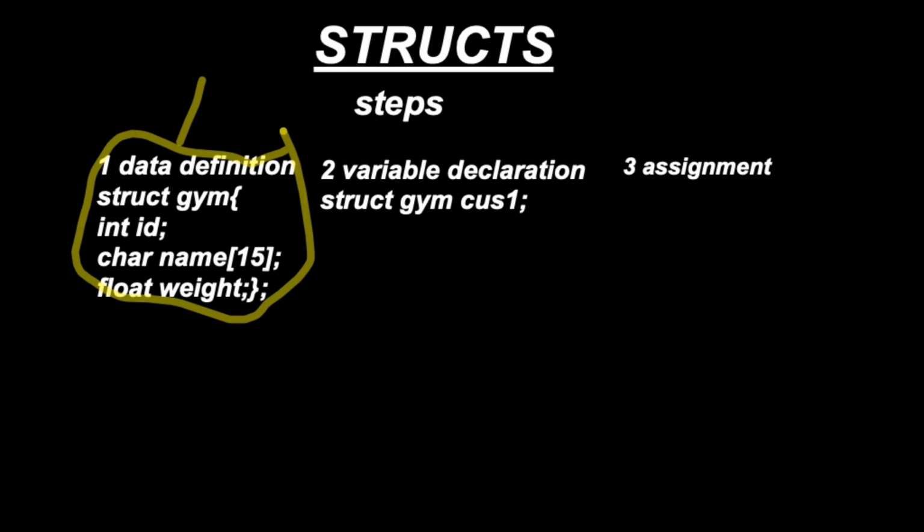After this, we're going to be assigning values. So assignment. If we want to assign values, first of all, we need to write the name of the variable, which is this. Then we're going to use dot.